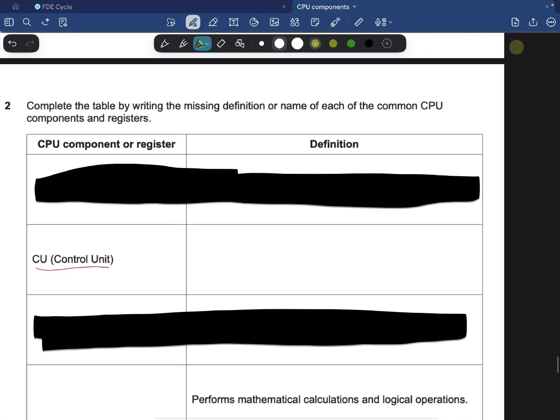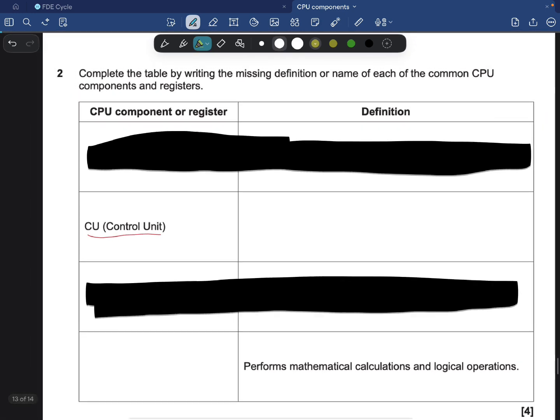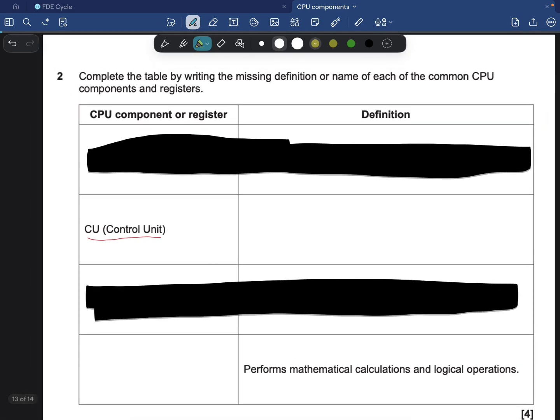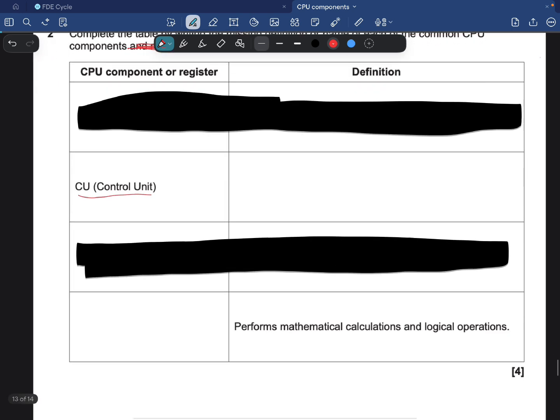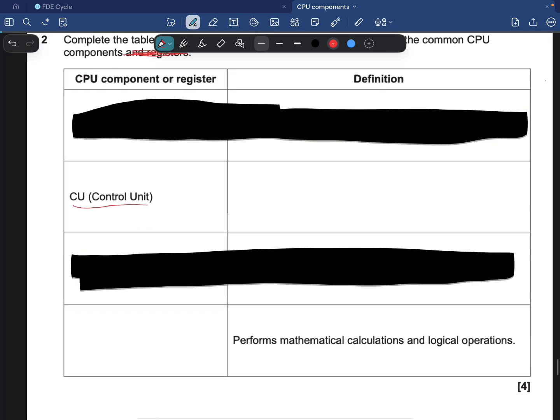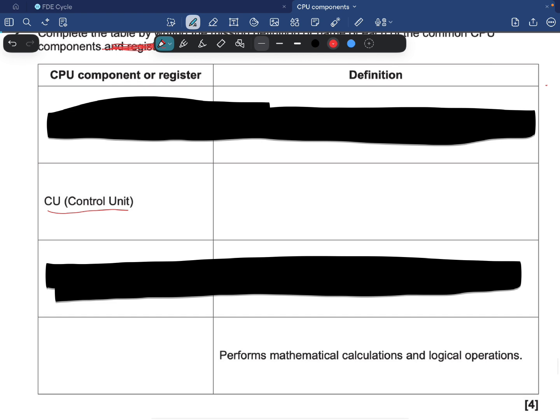Now here I've got another question that you could try. Complete the table by writing the missing definition or name of each of the common CPU components and registers. We haven't done registers yet, so we can ignore these two definitions and components. So here we have the CU.